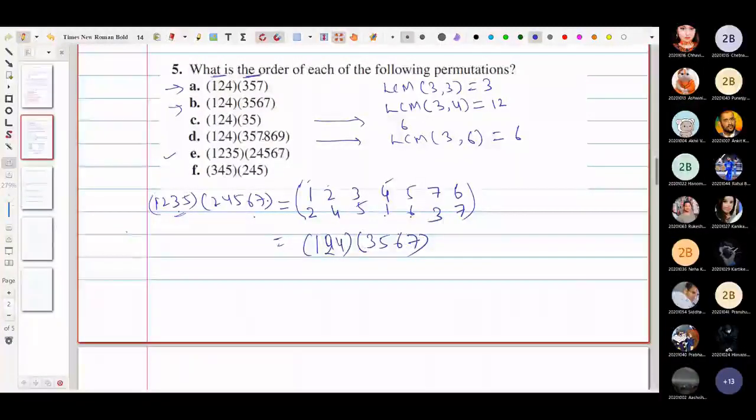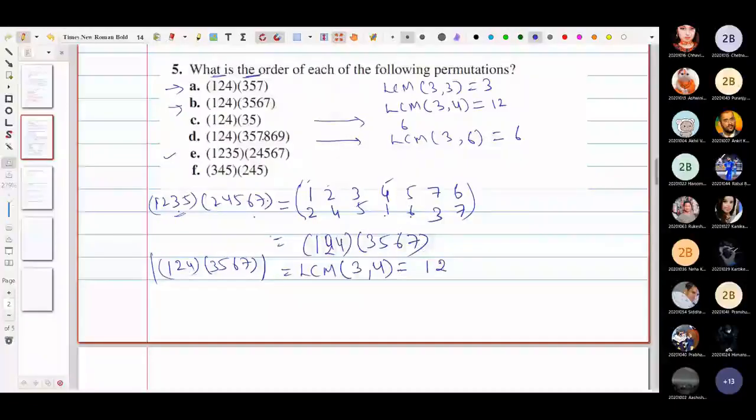Of course, the order of this, 1 2 4 and 3 5 6 7, is equal to the LCM, least common multiple, of the order of the first, that is 3, and the order of the second, that is 4. So this is going to be 12.